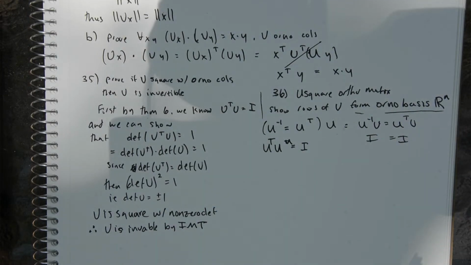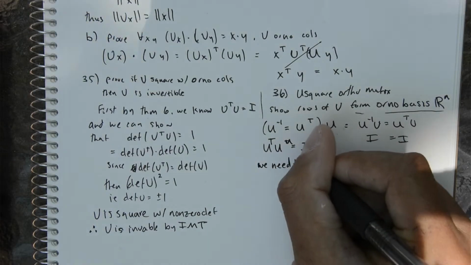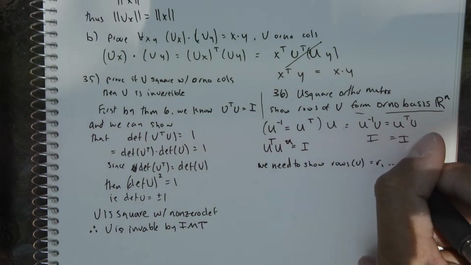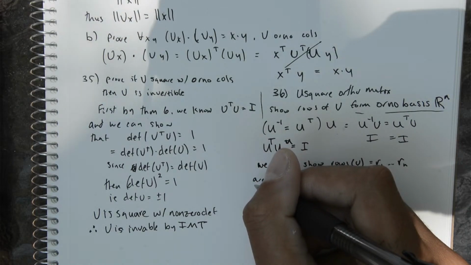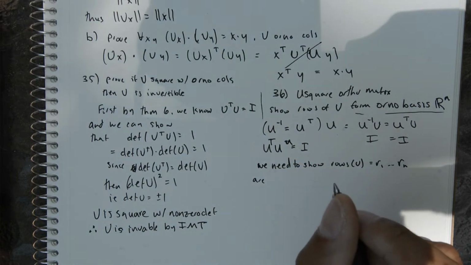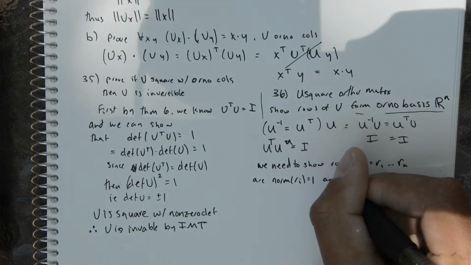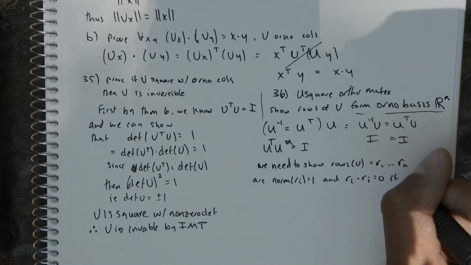Okay, the definition of orthonormal basis is we need to show the rows of U, R1 to Rn, are such that the norm of Ri equals 1 and Ri dot Rj is equal to 0 if i is not equal to j.